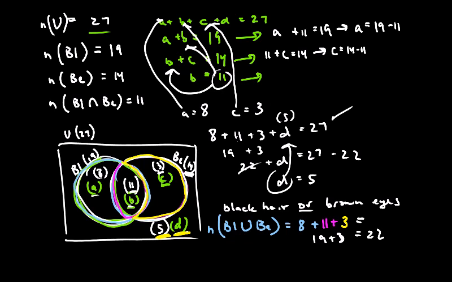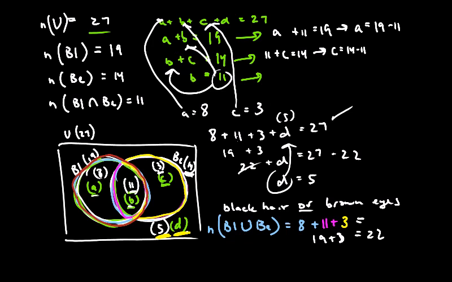Okay, and the last piece of this problem, and then we'll pause, is we want to know how many members have black hair but not brown eyes. Well, let's look at this. These are all of the people who have black hair. The only problem is, out of all of these people, some of them also have brown eyes, and those are the ones we want to eliminate.